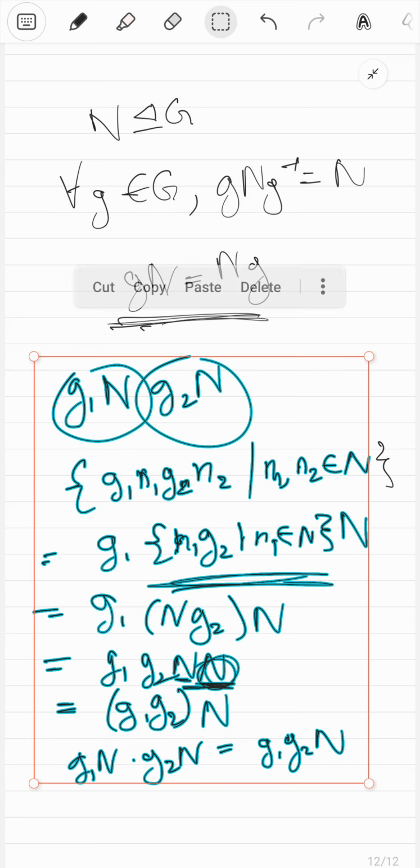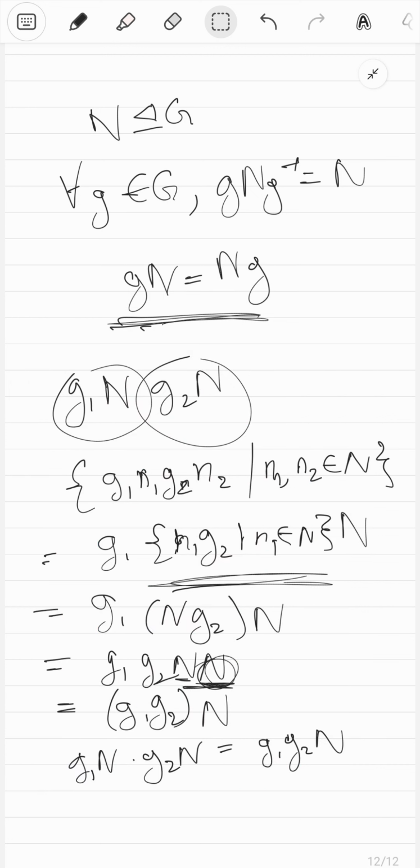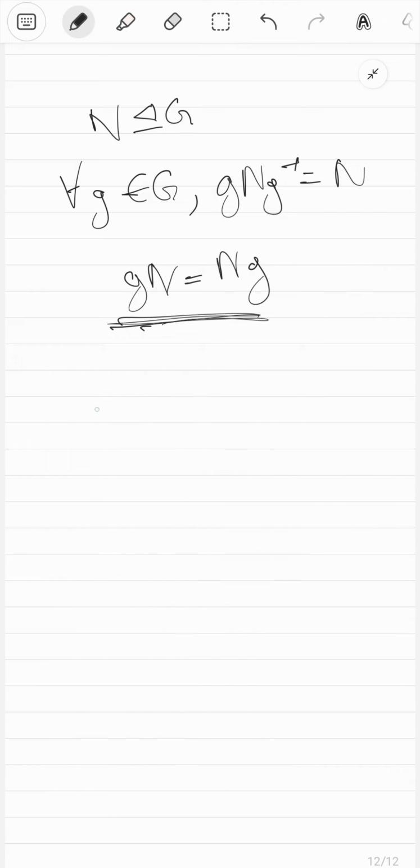So armed with this new fact that we can multiply cosets, let's try to think about all the cosets of capital N in the group G. So we are thinking of this set gN such that g is in G.